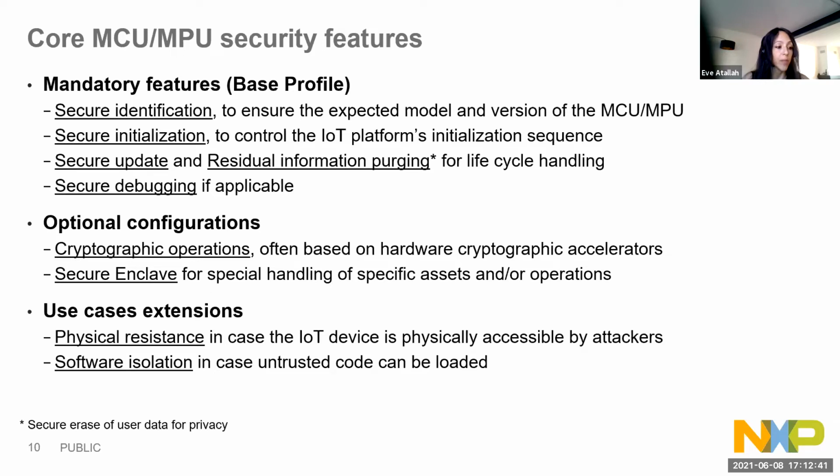But if untrusted users or untrusted code are considered, and protections are then implemented, it is possible to claim those additional protections to demonstrate that the MCU/MPU can be used under those more hostile conditions. We will come back in more detail to these use cases when we discuss the security testing parts.